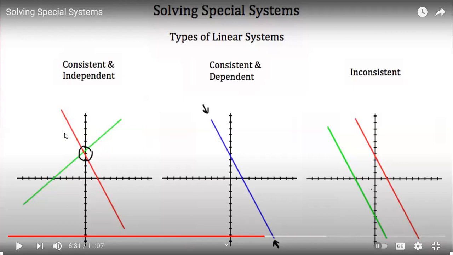It will be consistent and independent. If you have one line only, you have many solutions, and it will be consistent and dependent. And parallel lines have no solution, with the same slope and different y-intercept. So this was our lesson today about solving special systems of equations.